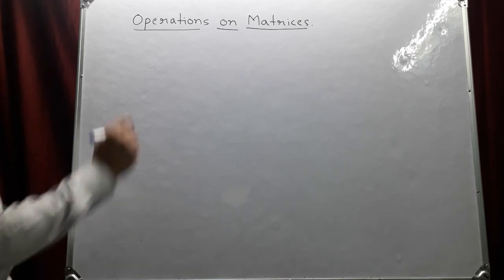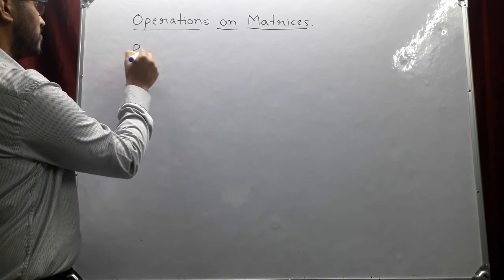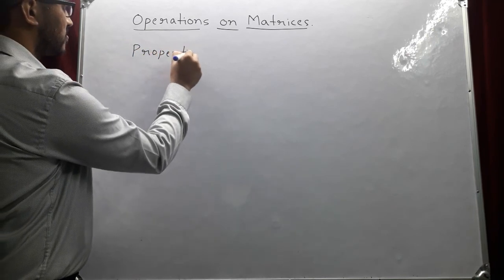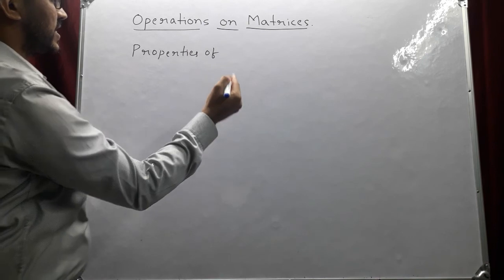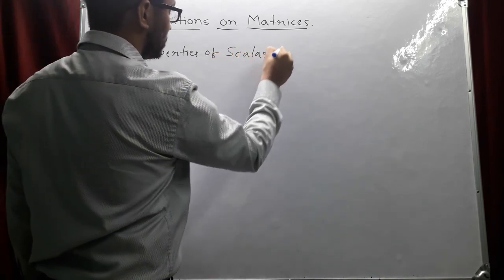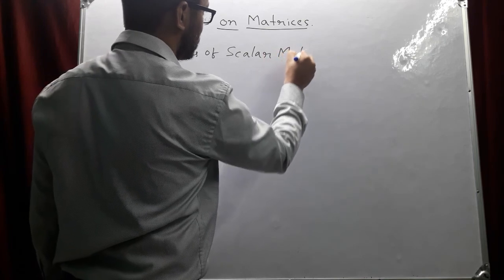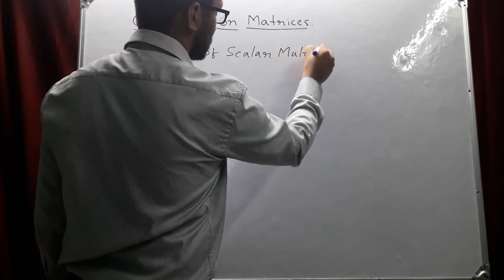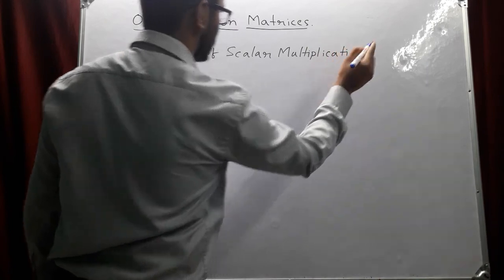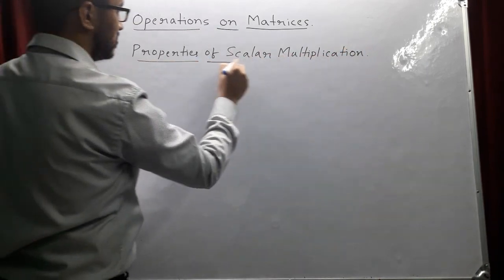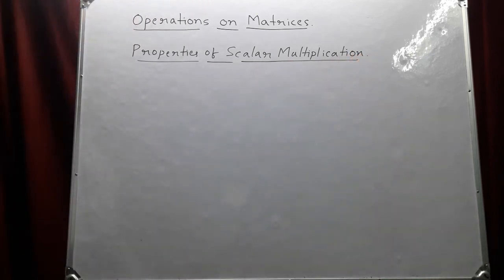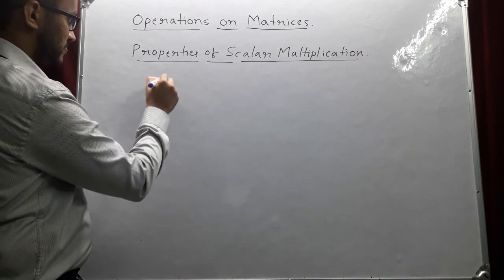Next one, properties of scalar multiplication. Suppose we consider two matrices.